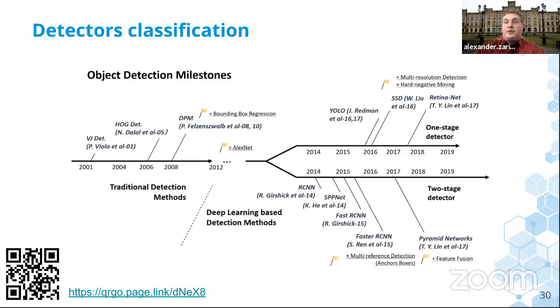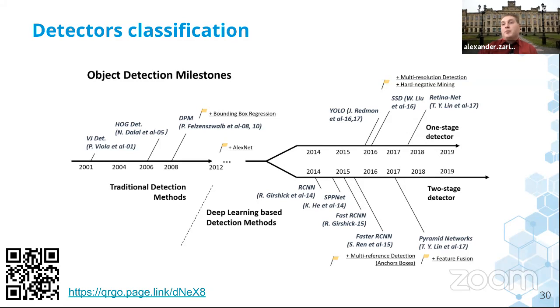So the release of SSD introduced a new family of object detectors, and nowadays we divide all object detection approaches into two categories. The first one is called two-stage detectors. This is the family of detectors in which, at the first stage, we predict ROIs, possible locations of the objects, and then we classify these ROIs at the second stage.